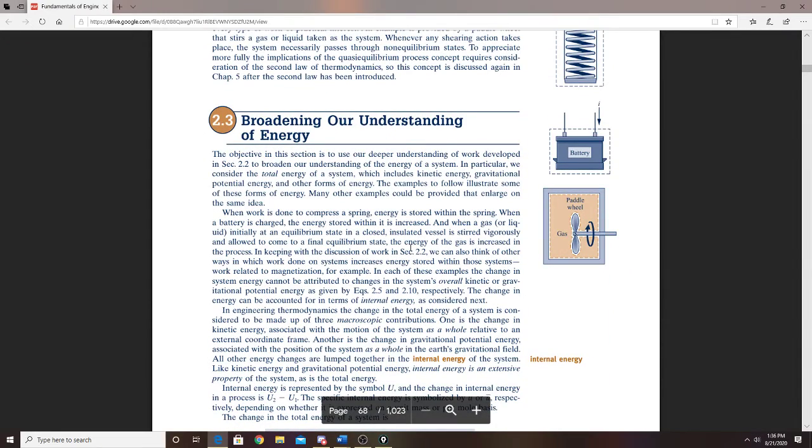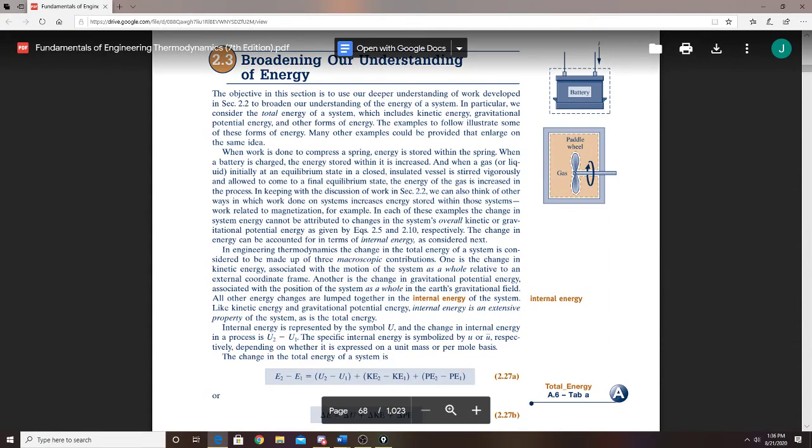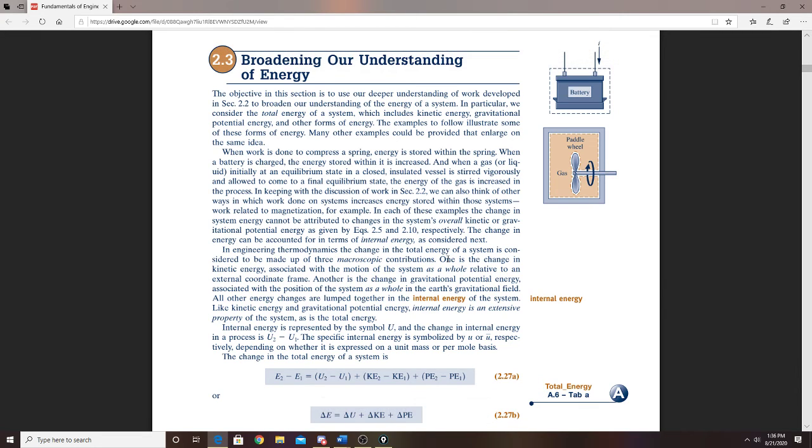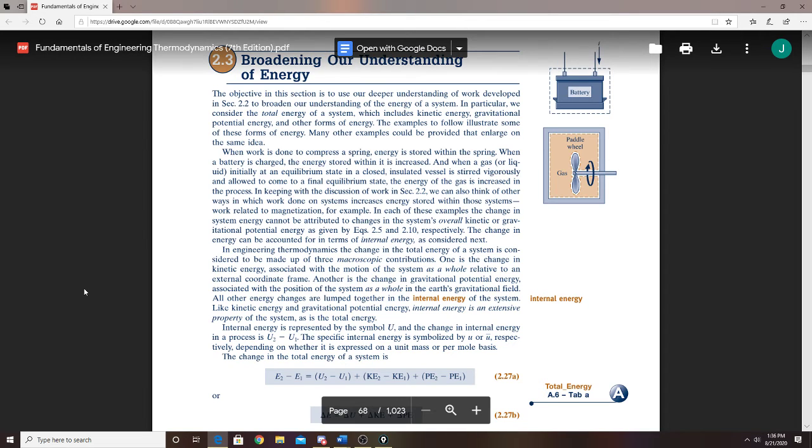Alright, right here. So, broadening our understanding of energy. That pretty much covers the work part, but what we are now going to talk about is energy. In a sense, how are all the quantities in this class being calculated, and what is the total energy of a system, right?